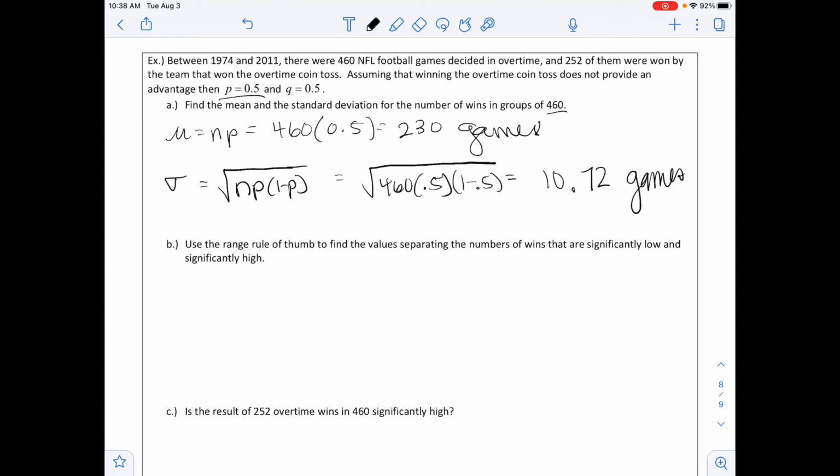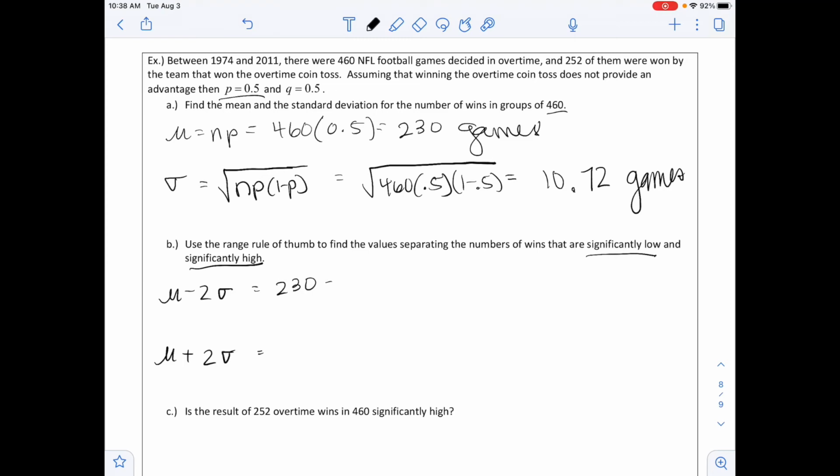Part B says use the range rule of thumb to find the values separating the numbers of wins that are significantly low and those that are significantly high. And so those formulas that were written up above for significantly low cutoff is going to be mu minus 2 sigma, and significantly high would be mu plus 2 sigma. And we have our mean and our standard deviation from part A. So I'm going to go ahead and substitute those in.